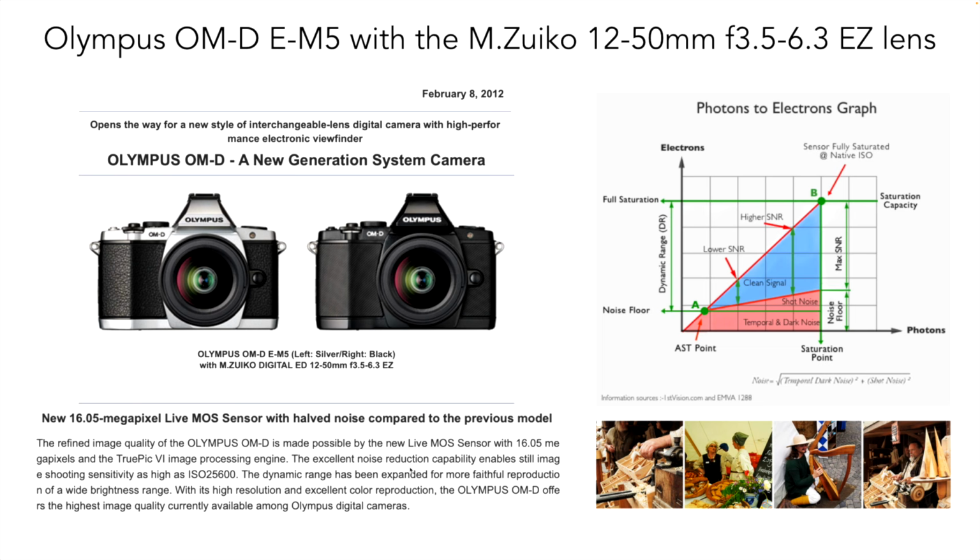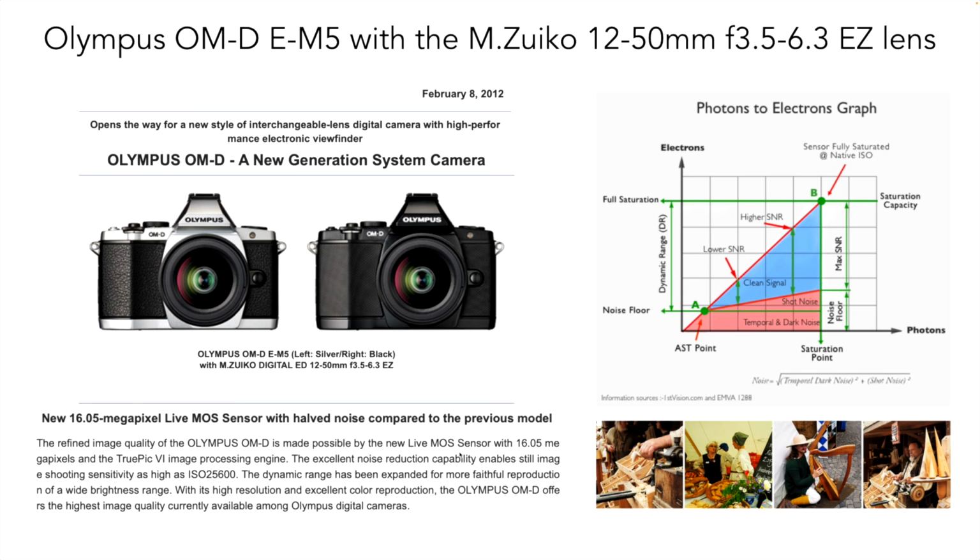So another very interesting comment here is the excellent noise reduction capability enables still image shooting sensitivity as high as 25600. So what do we learn from that? So they're telling us something here, but not directly. You have to have some understanding of digital cameras and how they work to really see what they're telling you here.